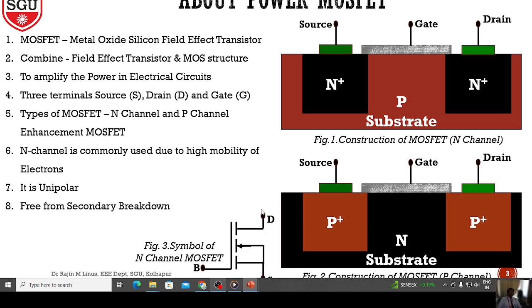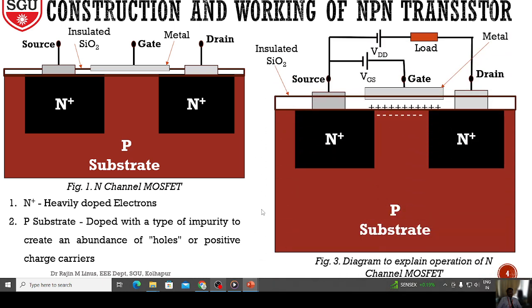Then if we go to the working of this normal simple n channel MOSFET, I already told you n plus is nothing but highly doped, and p has more number of holes. And if you see here, one slab of silicon dioxide is connected in between.